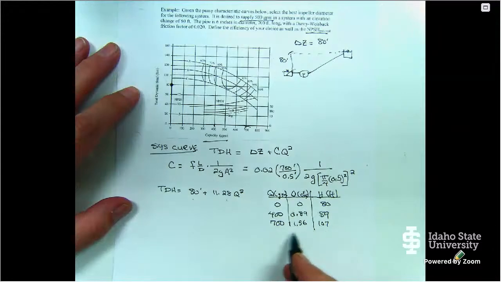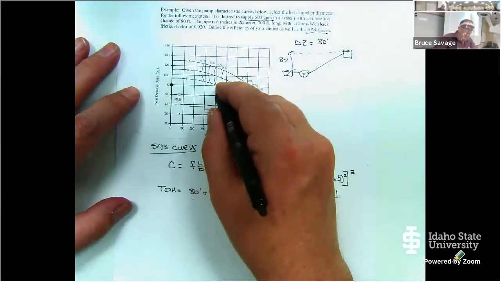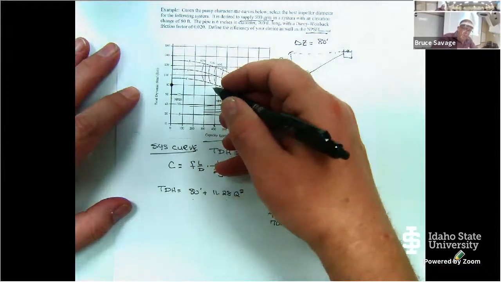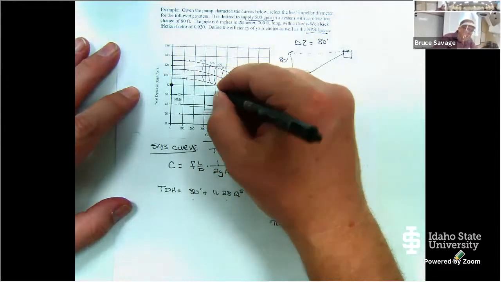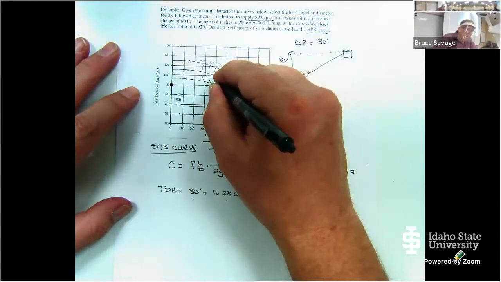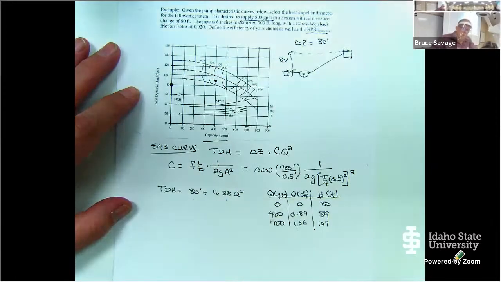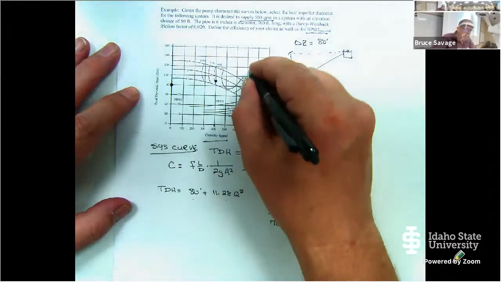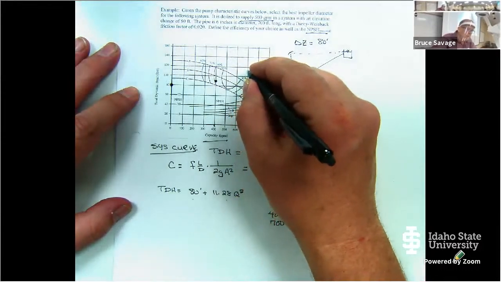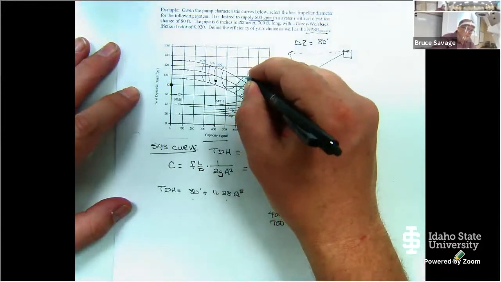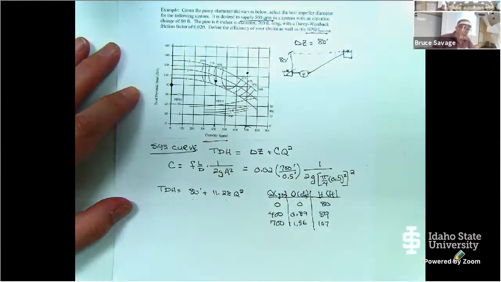And then the next point is at 400. So 400, I'm going to be at 89. So do my best guess in there. And then at 700, I'm going to be at 107. So 700, I come up to, there's my 100, 120, so 110, 107 is right around in there.